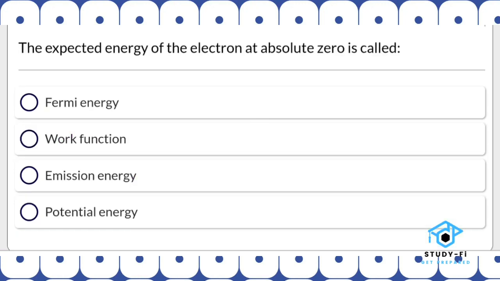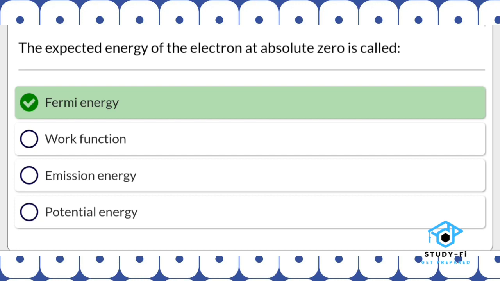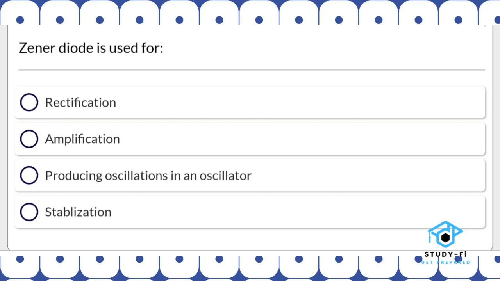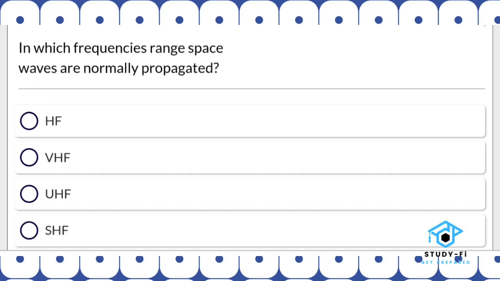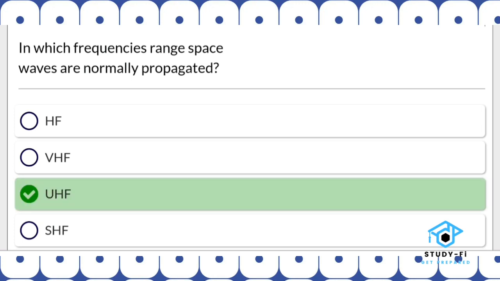The expected energy of the electron at absolute zero is called Fermi energy. Zener diode is used for stabilization. In which frequencies range space waves are normally propagated? Ultra high frequency.